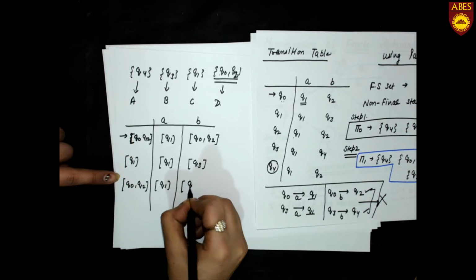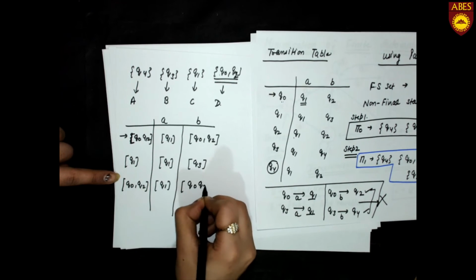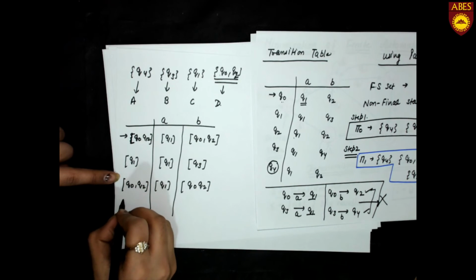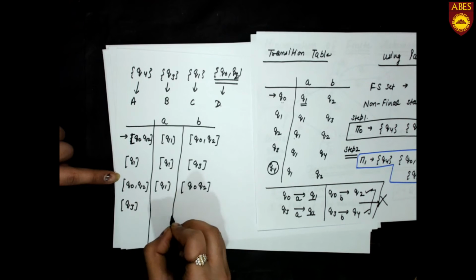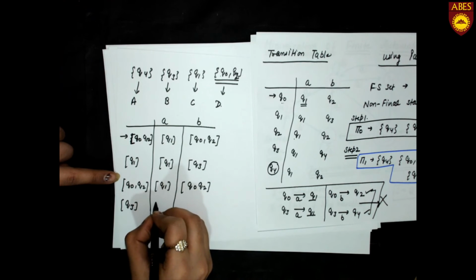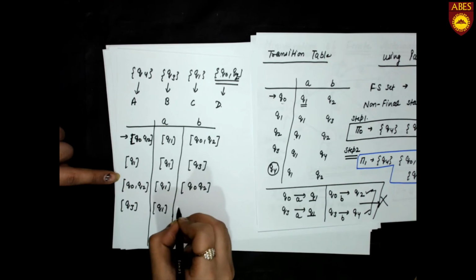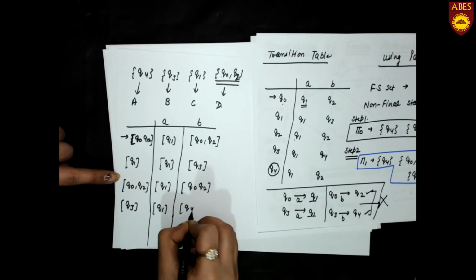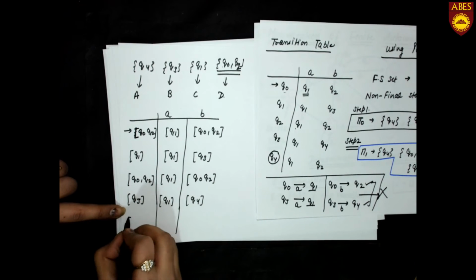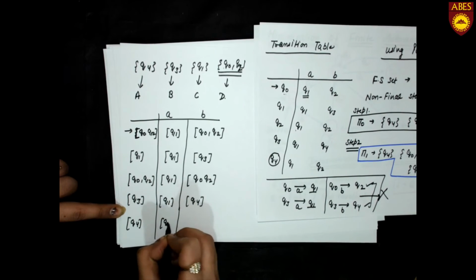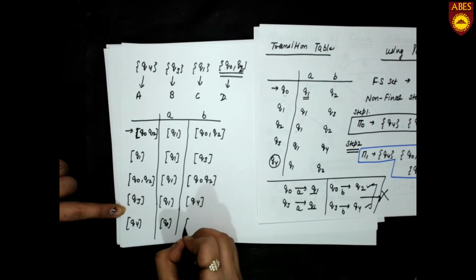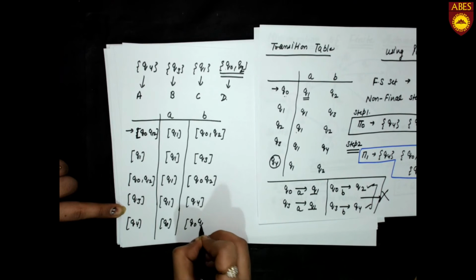In place of Q2, you have to write Q0 and Q2. Then Q3 as it is. Q1, in place of Q1, you have to write Q1. Again Q4. Q4, Q1. In place of Q2, you have to write Q0, Q2.